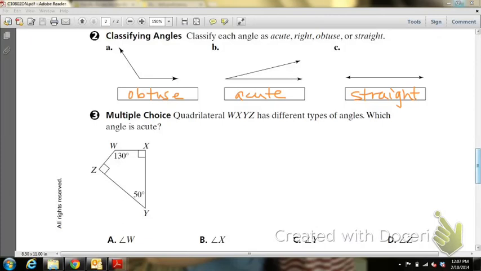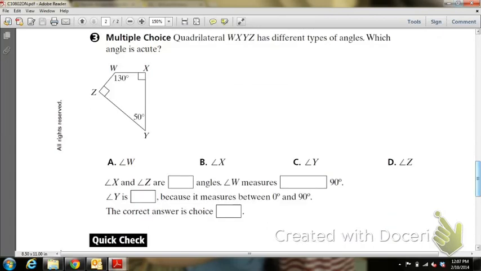Now, in example 3, you're going to have to do a little bit of math. So, I have a quadrilateral, has different types of angles. Which angle is acute? Oh wait, we're not doing any math. Remember, acute means less than 90 degrees. So X and Z are these guys with the boxes.